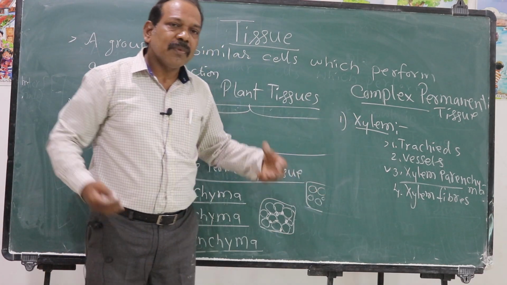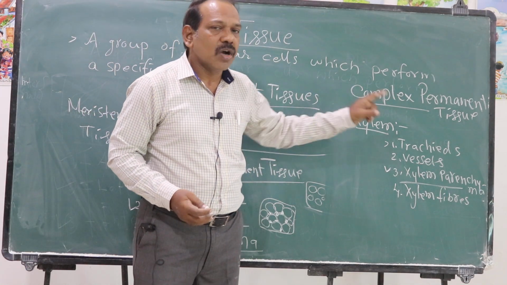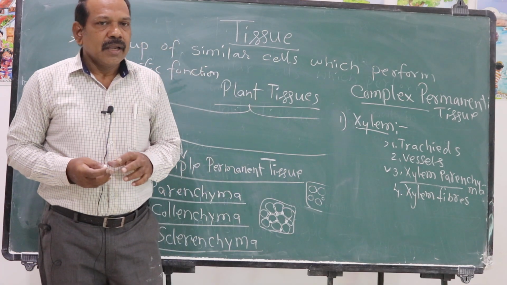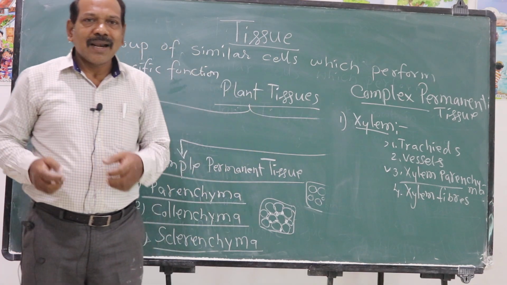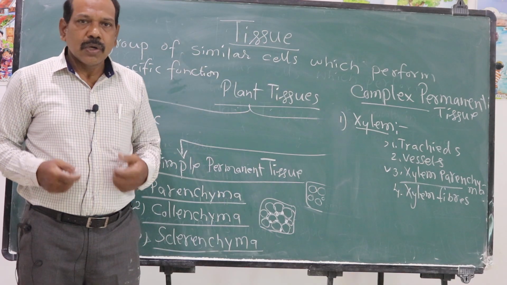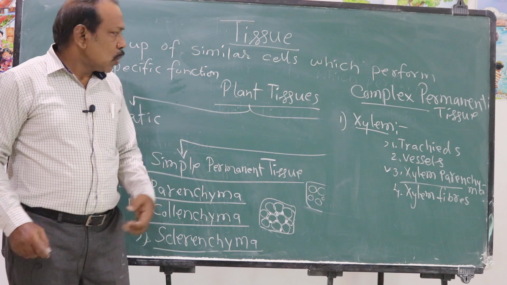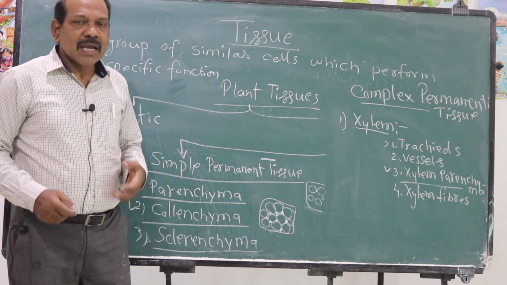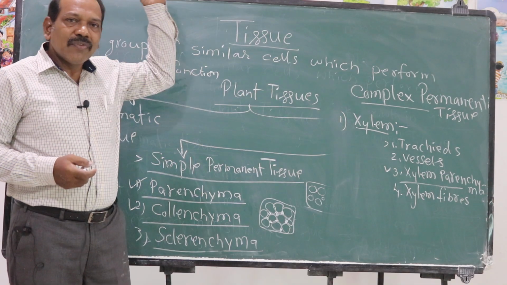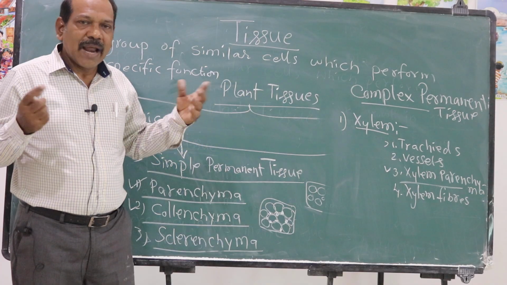But all the cells are combinedly working for the same purpose, that is transporting water. Xylem transports water and minerals. As you all know, water and minerals are absorbed by the plant through roots. Roots are present underground. So from the soil, roots absorb water and minerals, and these water and minerals are transported from the roots to different parts of the plants, different parts of the stem, different branches, different leaves.